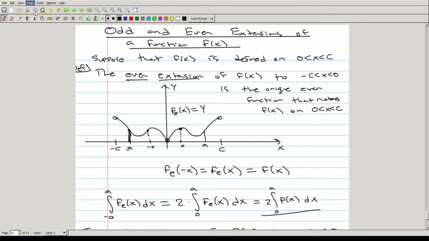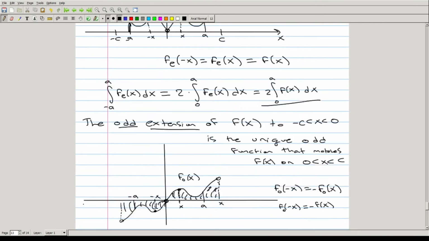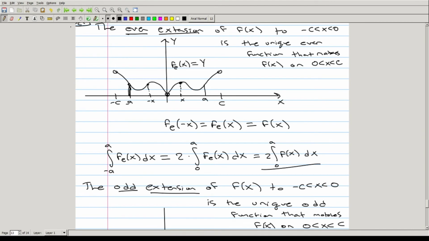But not only that, we can take this idea of the odd extension and even extension of a function, and for a given function defined on an interval from 0 to c, actually use what we know about the Fourier series to come up with what are called the sine series and the cosine series of a given function f of x.